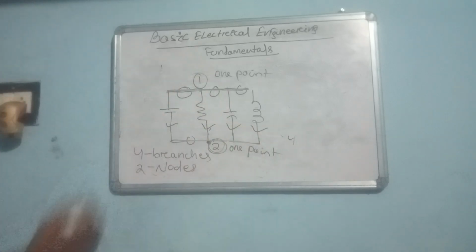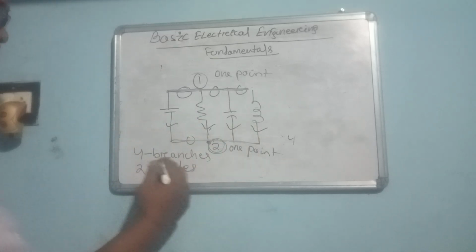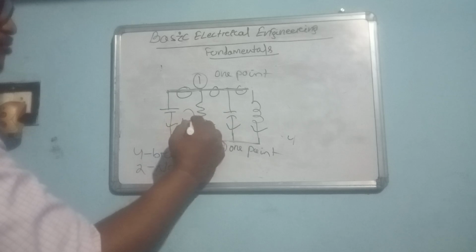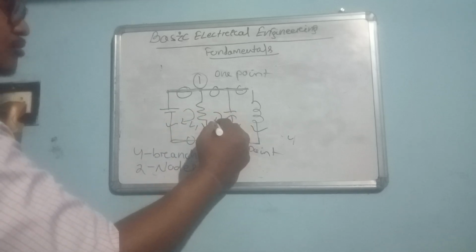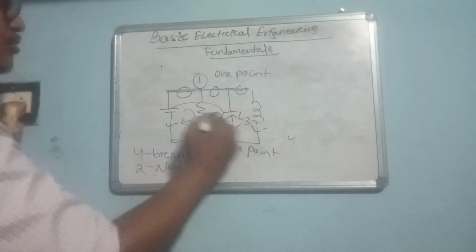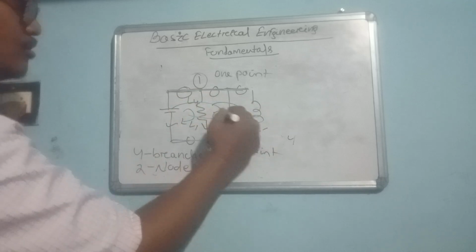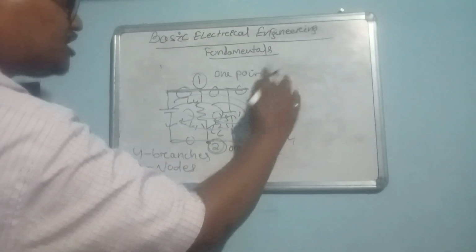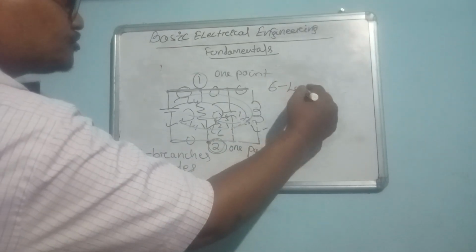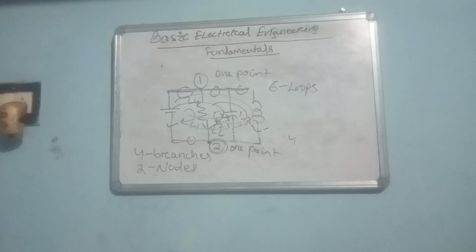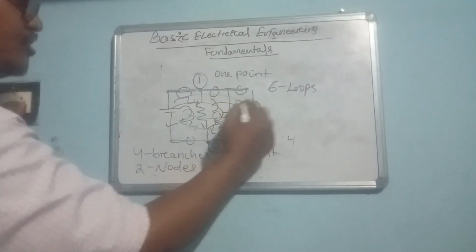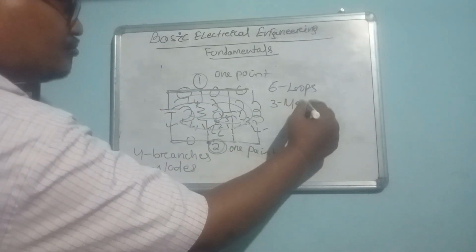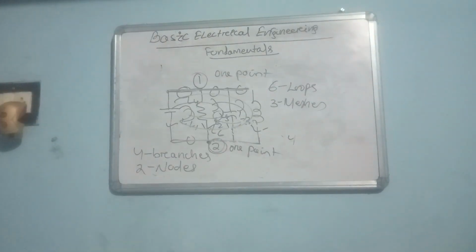So that's why you have 2 nodes, 4 branches, 6 loops, and 3 meshes.